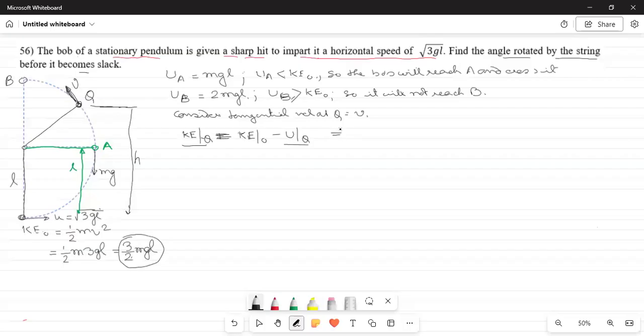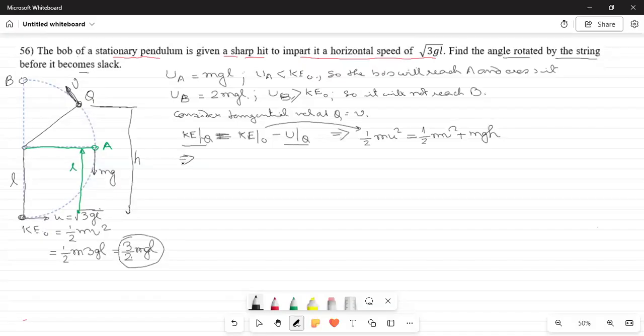From here, we can write the kinetic energy at Q with tangential velocity v as half mv square. The starting kinetic energy is half mu square, so half mu square equals half mv square plus the potential energy at Q, which is mgh.